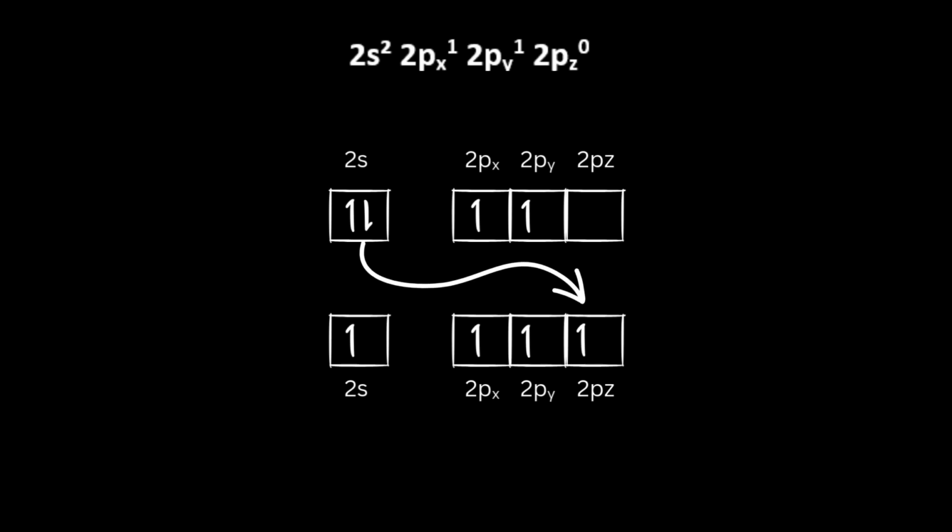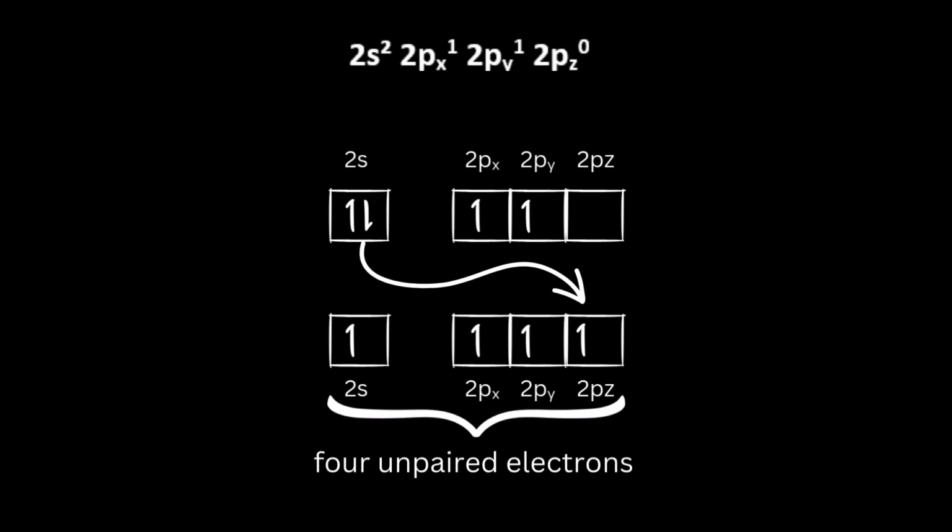This results in 4 unpaired electrons. This new state of carbon is what is known as the excited state, with the valence electron configuration as 1s2, 2px1, 2py1, and 2pz1. This allows carbon to undergo hybridization, creating new orbitals with unique shapes and bond angles.